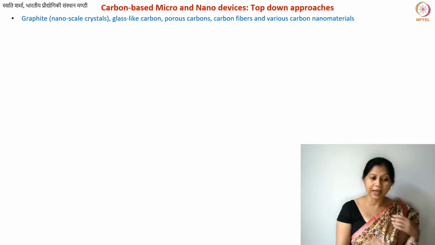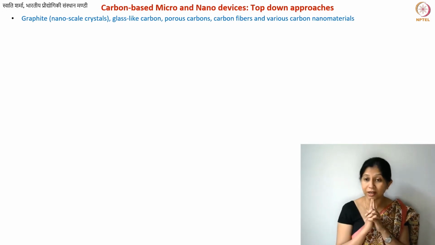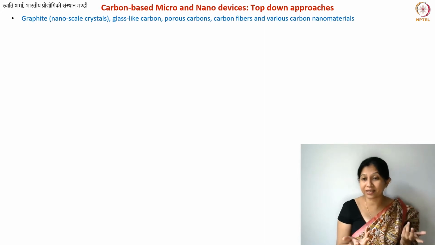In fact, it is very easy to translate our carbon materials to make micro nanoscale devices, because a lot of lithographic techniques or micro nano fabrication techniques are compatible with polymers, and polymers, organic materials, have been our precursors. So that is the reason it is indeed easy to convert.